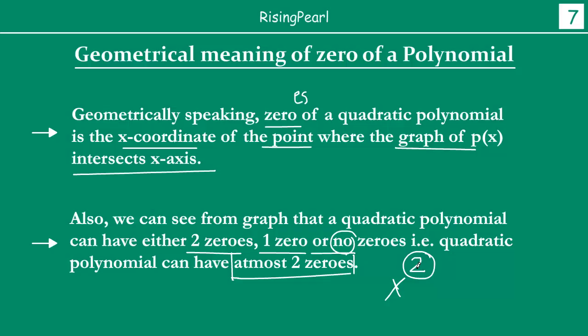Depending on the value of a and what your exact quadratic polynomial is, that polynomial, when drawn on graph paper, will intersect the x-axis at 2 points or 1 point, or it will not intersect the x-axis at all. And wherever it intersects the x-axis, that x-coordinate is the zero of that quadratic polynomial.